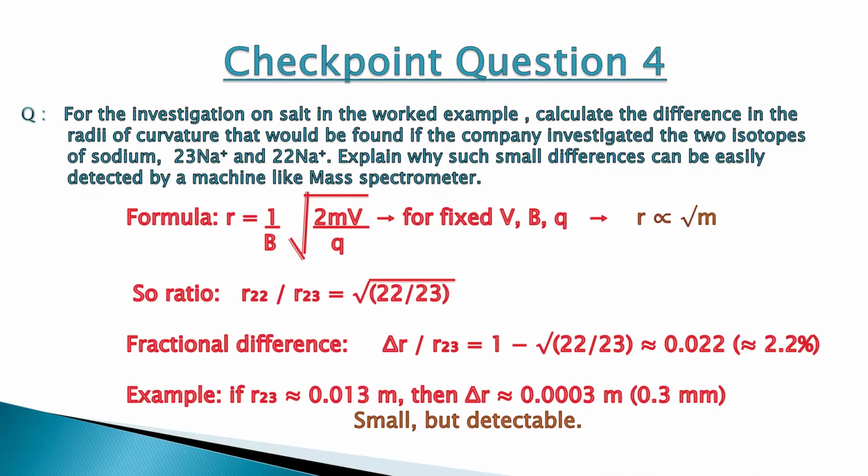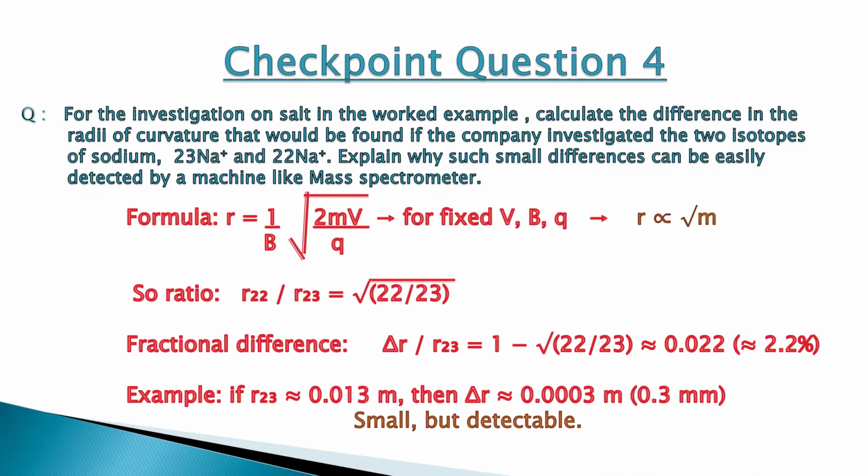To put this into context, if the radius for sodium plus 23 were about 0.013 meters, the difference in radius between the two isotopes would be about 0.0003 meters. That's 0.3 millimeters. Now, why does that matter?